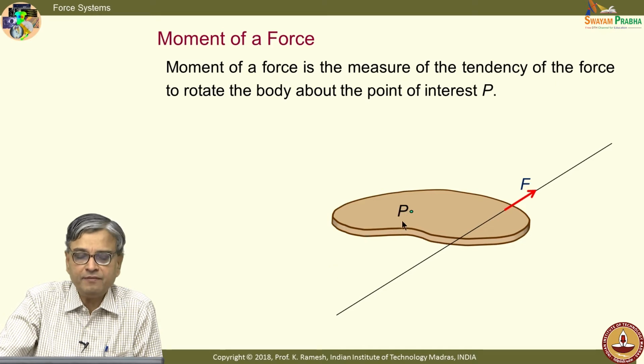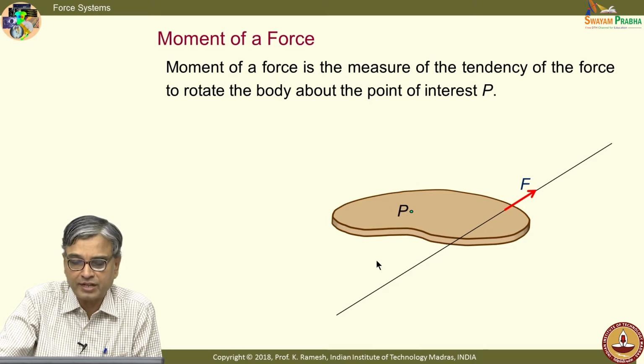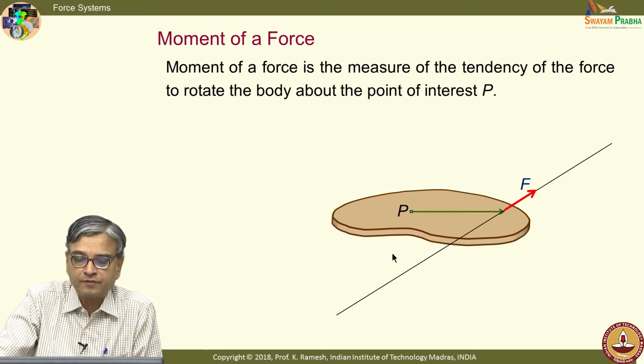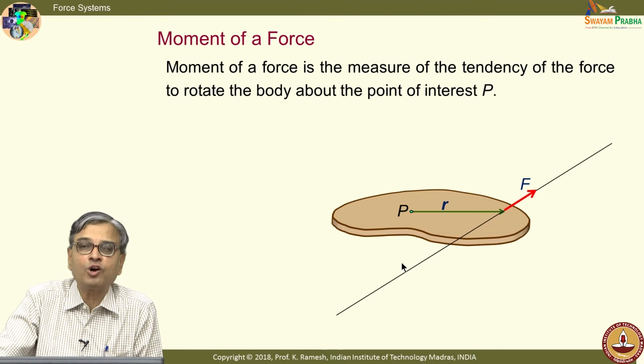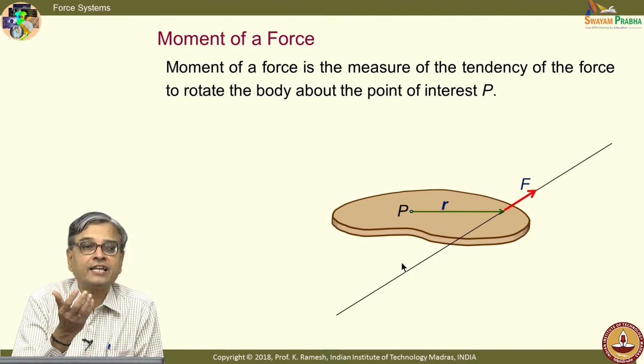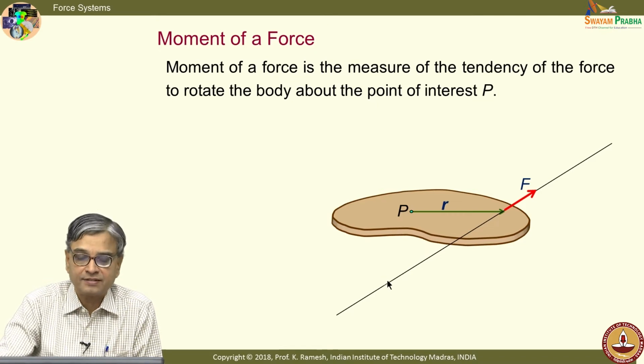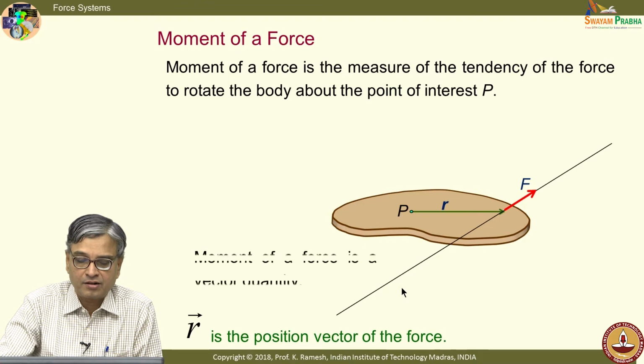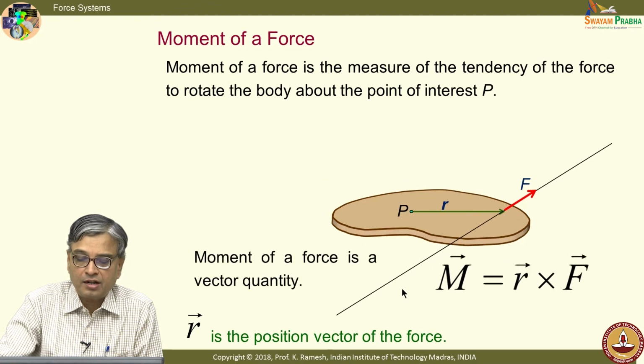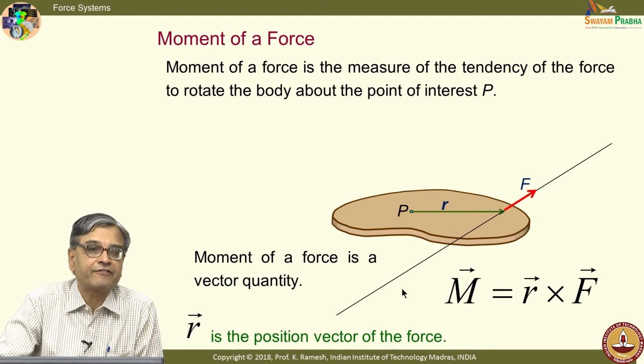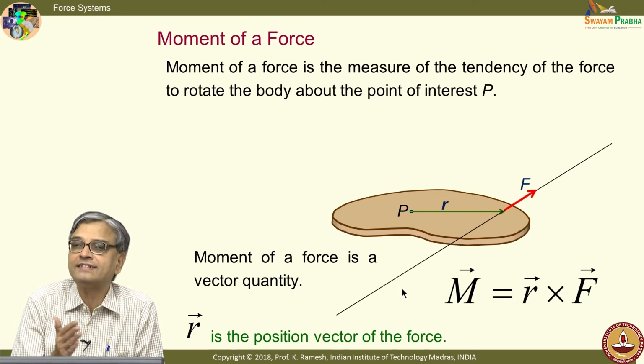Now, I take a point P which is arbitrary, there is no special location to that, and if I want to know what is the position vector of this force from the point P? I have this vector drawn and I label this vector as R, and you can easily find out what is the rotatory effect of this force about point P as M equal to R cross F. From a vectorial notation, you can easily do that.